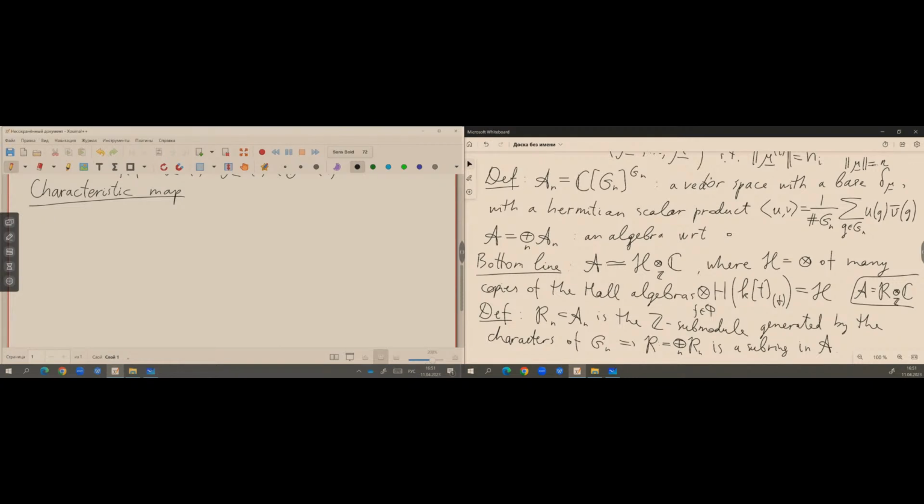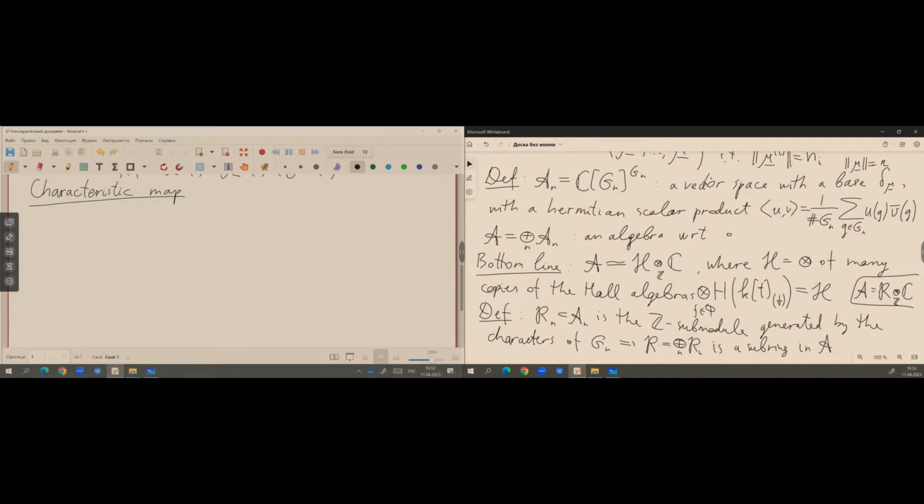The one that, for the case of Frobenius, takes the characteristic functions of conjugacy classes to power sum functions.